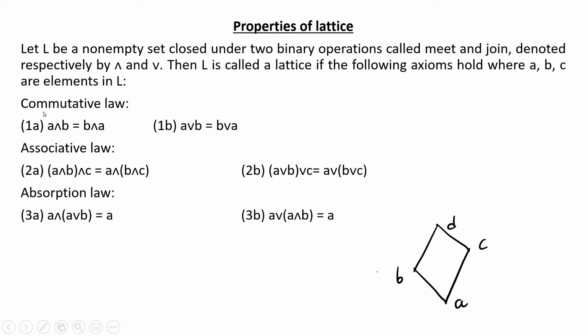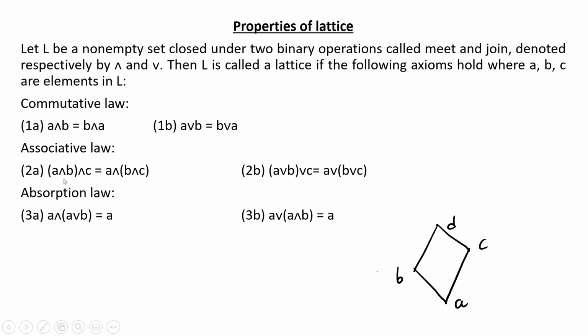So we have commutative law like A meet B would be equal to B meet A and A join B would be equal to B join A. Then we have associative law like A meet (B meet C) would be equal to (A meet B) meet C, and same for join.